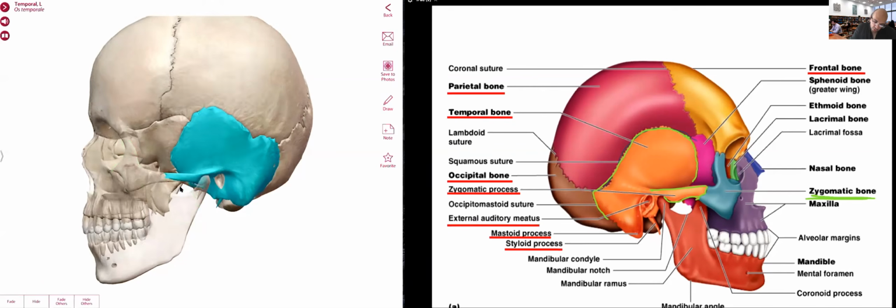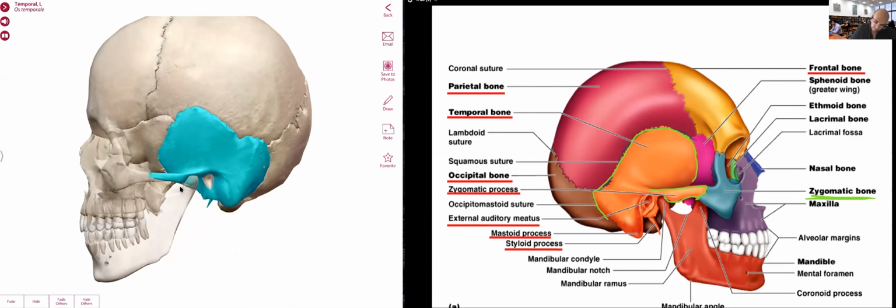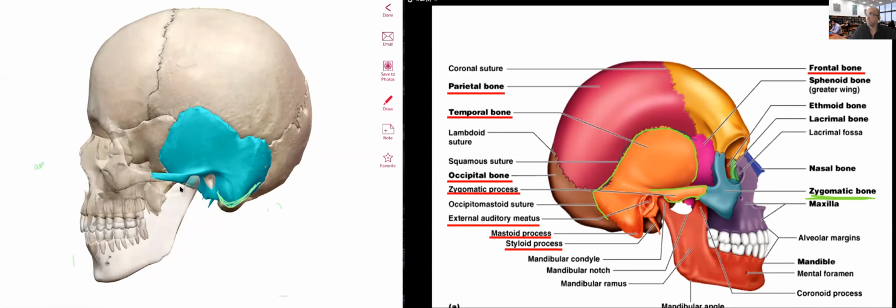Other processes that we can see on here, if you are touching just behind your ears, you will feel a bony eminence, which is thick, large, and at the same time, it's blunt, it's not pointed.